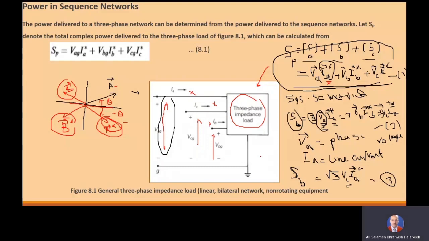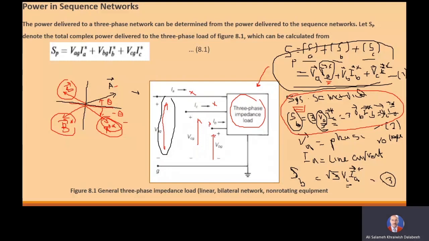The practical system is a symmetrical system, so we work in a symmetrical system.